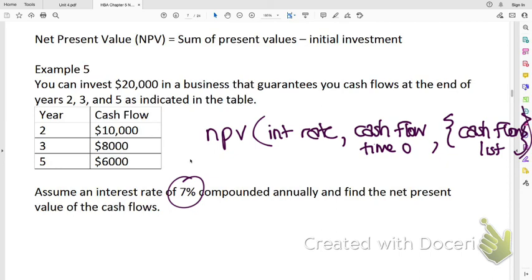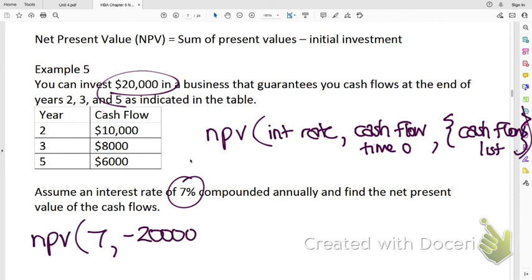So what is that in this problem? 20,000. So I'm going to lead with my NPV being my interest rate of 7%. Comma, think cash flow. When we invest in something, how do we enter it? Negative. You're putting in 20,000 to begin with, comma.